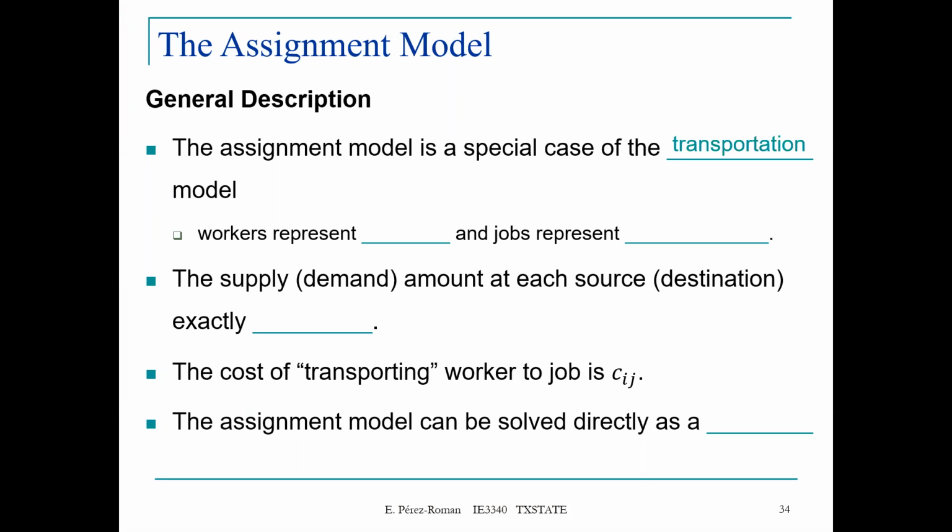The assignment model is a special case of the transportation models. Workers represent sources and jobs represent destinations. The supply and demand amount at each source or destination exactly equals 1. The cost of transporting worker to job is Cij.